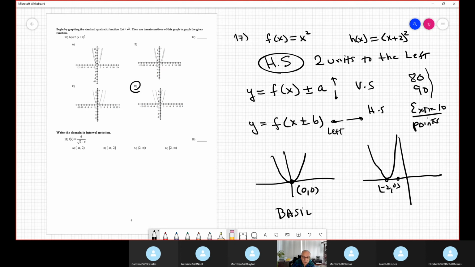The vertex is located at 0. And the dotted curve parabola is the transformed. Entonces es obvio que sí. Okay, we're doing well. Any question, guys?